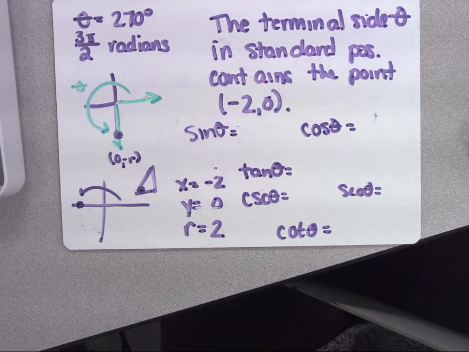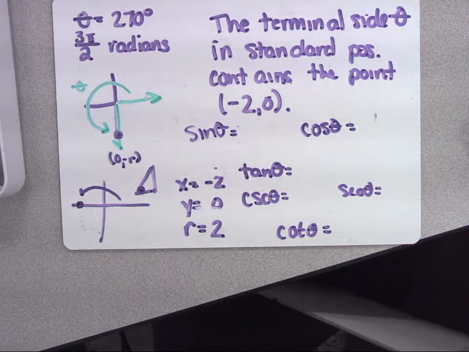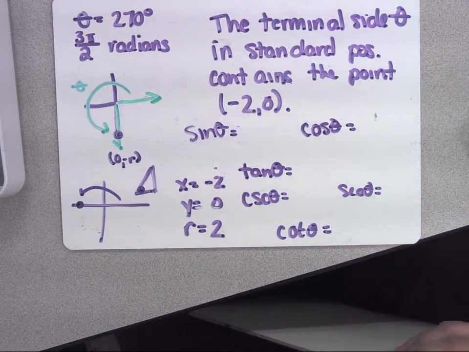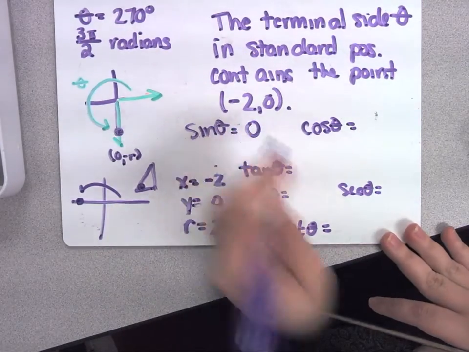All right, so sine is 0 over 2. So these are the answers I got.